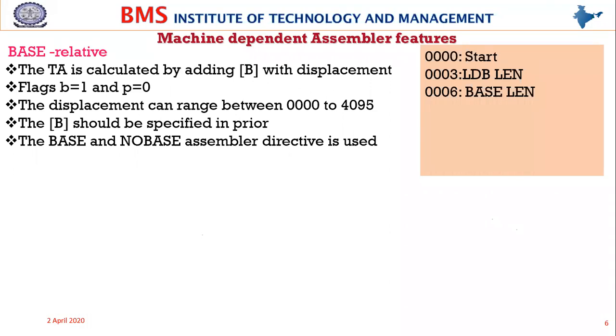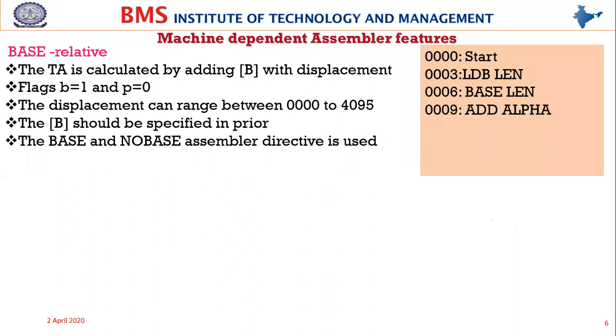So we have at 0003 an instruction LDB length. LDB loads the B register with the length, and length is a variable, which will come next. And BASE length, I am specifying the BASE assembler directive, which should use the value specified in length.